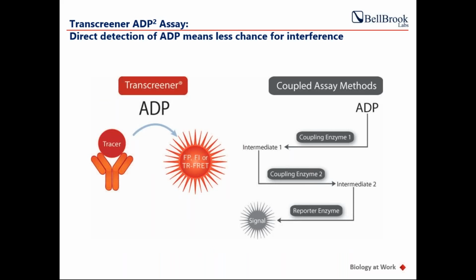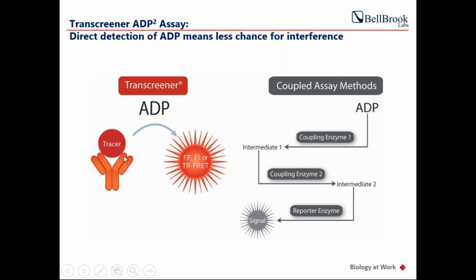So I want to focus for a little bit now on the differences, specifically between Transcreener and the other ADP detection methods out there. The main point I want to make is that, as I mentioned before, Transcreener is direct detection of ADP.